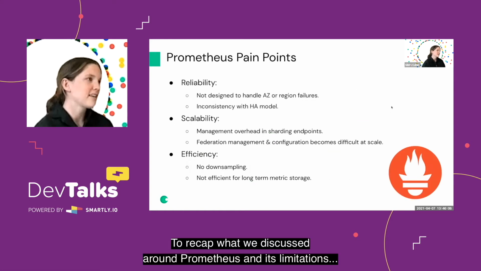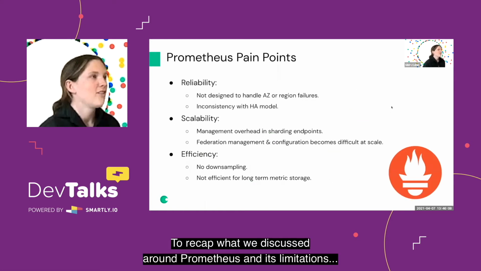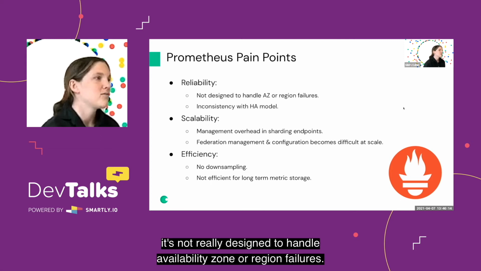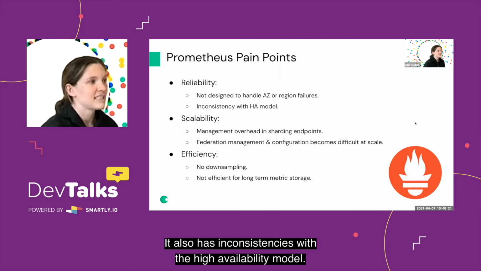All right, so just to recap what we discussed around Prometheus and its limitations. From a reliability perspective, it's not really designed to handle these availability zone or region failures, and it also has inconsistency with its high availability model.